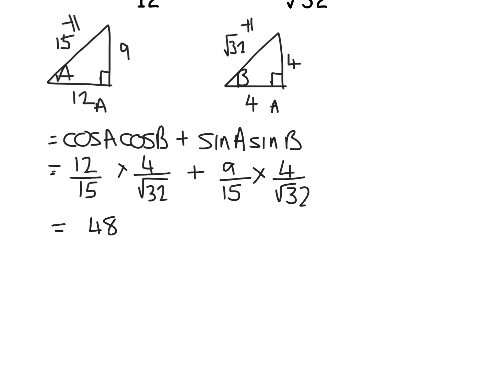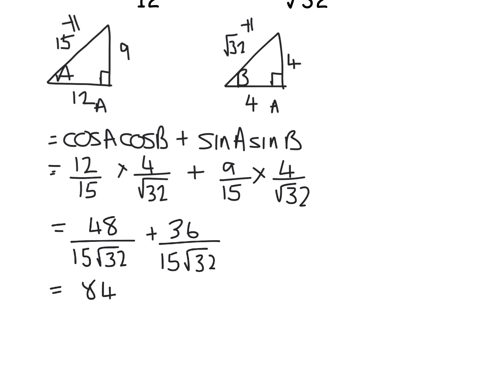So you've got 48 over 15 root 32 plus 36 over 15 root 32. 48 add 36 is 84. So 84 over 15 root 32. And there's nothing that 84 and 15 divide by, so it can't simplify down. It could be that maybe they would cancel, but not today.